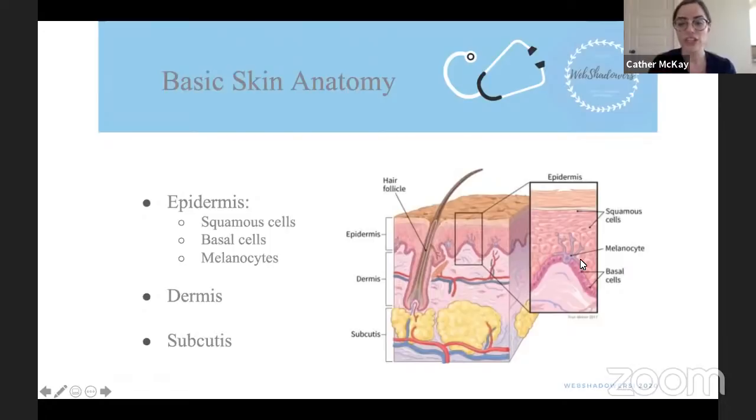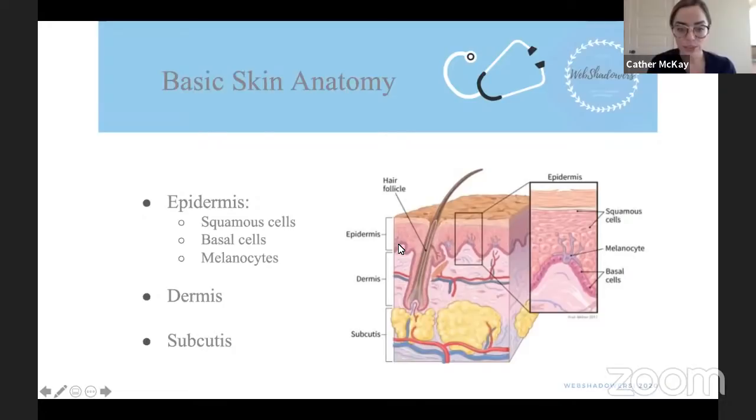They differentiate and go through a process where they mature and then turn into the stratum corneum, which is like a dead skin cell layer that protects the skin from the environment. And then you also have your melanocytes. Basal cells and squamous cells are all types of keratinocytes, so that's another word for those.